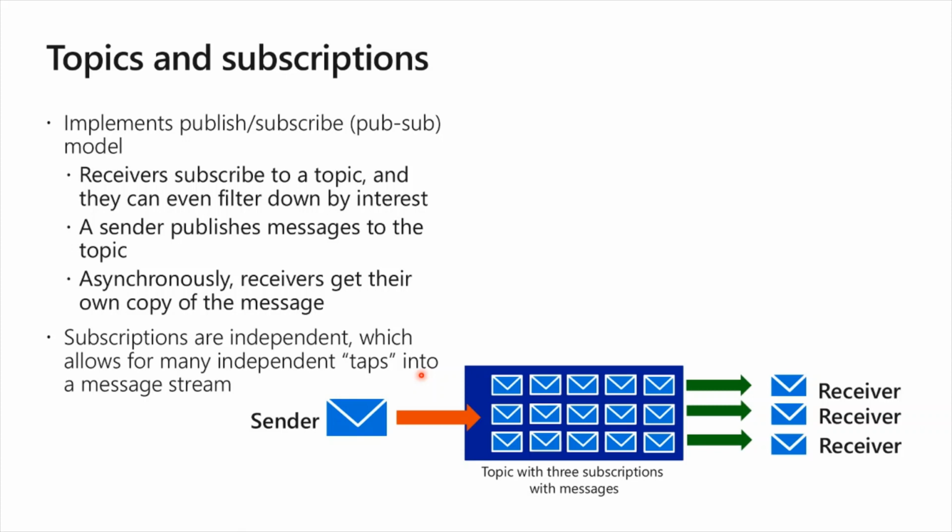Instead, they are received from subscriptions. A topic subscription resembles a virtual queue that receives copies of the messages that are sent to the topic. So subscriptions are independent, which allows for many independent taps into a message stream.